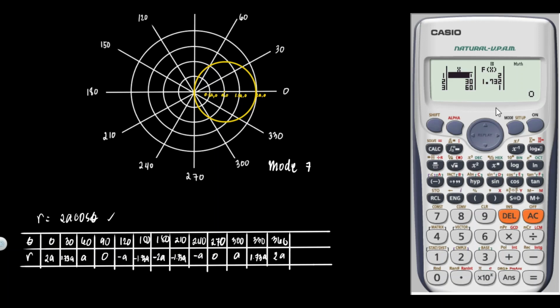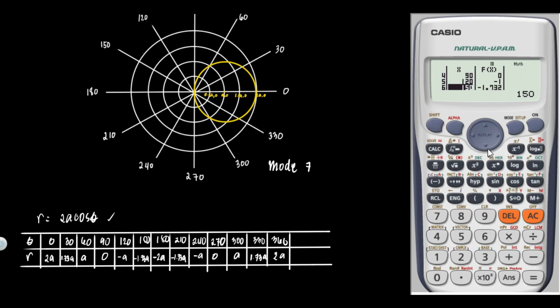Pwede rin ito, mas mabilis. So yung ating value rito sa column 1 and column 2: when theta is 0, 2a, so 2 na. Then, sunod, 30 degrees, that's 1.73a. Followed by 1 or a. Then 90 is 0, negative 1 or negative a.